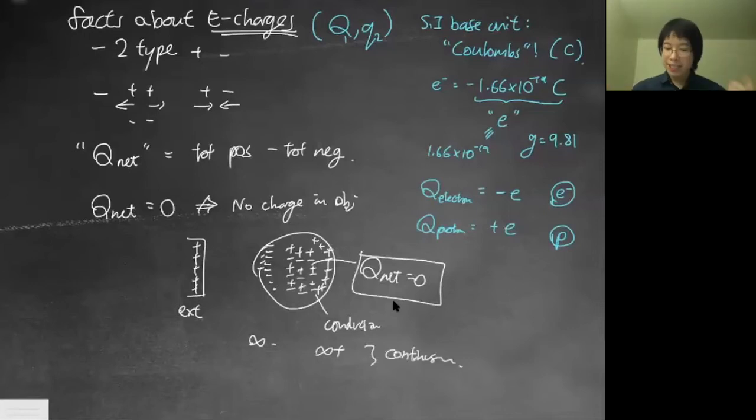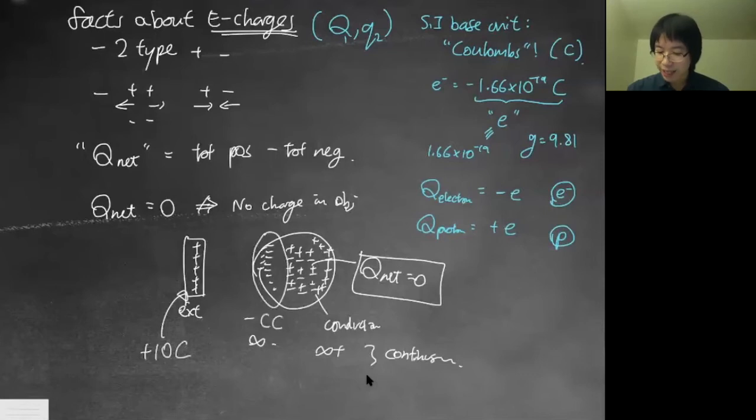So as soon as I bring an external charge next to it, it will split up all the charges. If the external charge is, for example, positive 10 coulombs, you'll get negative 10 coulombs immediately swinging to one side, and positive 10 coulombs immediately repelled to the other side. So the net is still 0.